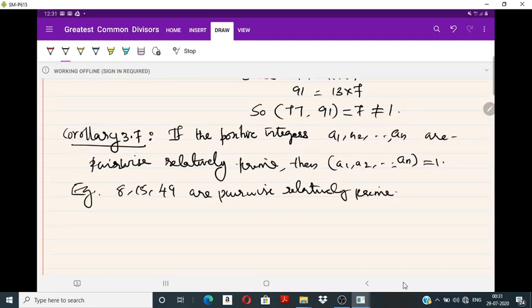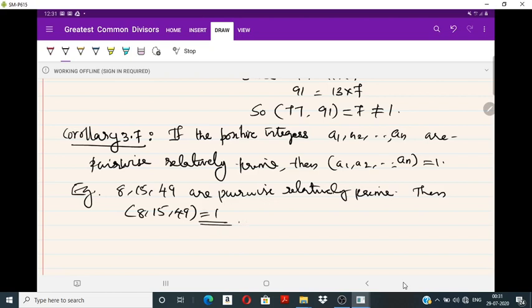GCD of 8, 15 has no common factor other than 1, and 15, 49 also have no common factor other than 1. Then 8 comma 49 also have no common factor other than 1. So these are pairwise relatively prime. Then by the corollary, GCD of 8, 15, 49 is equal to 1.